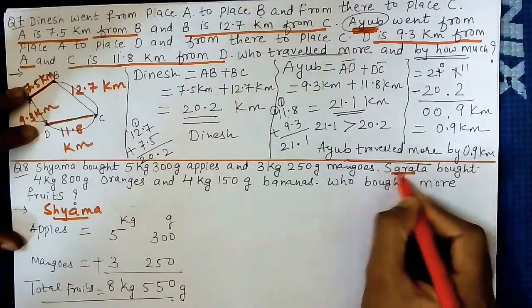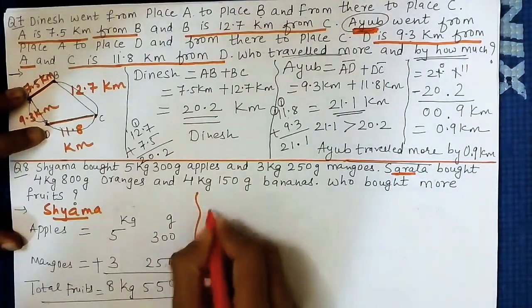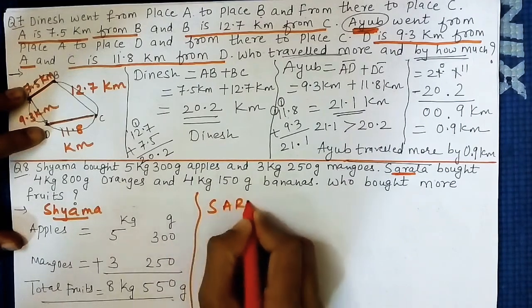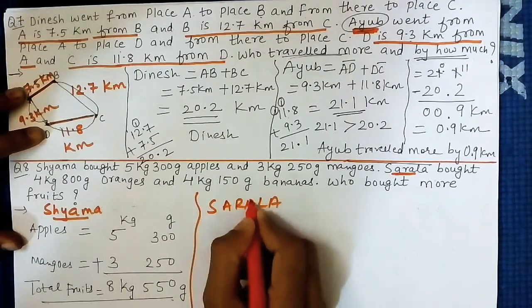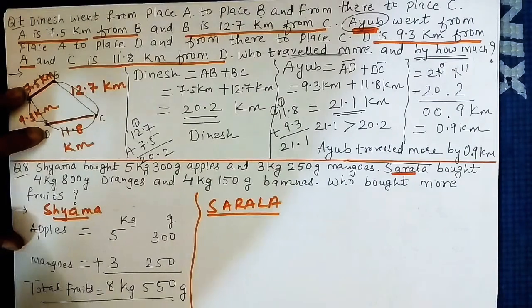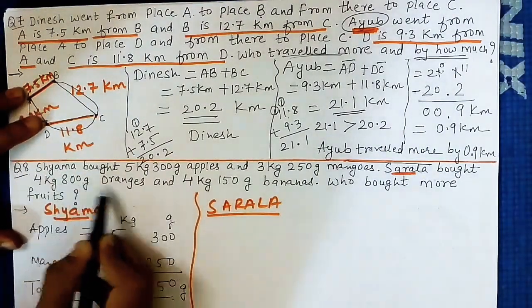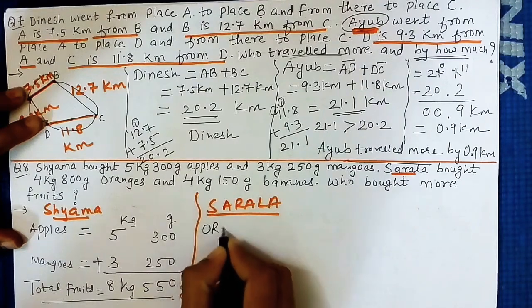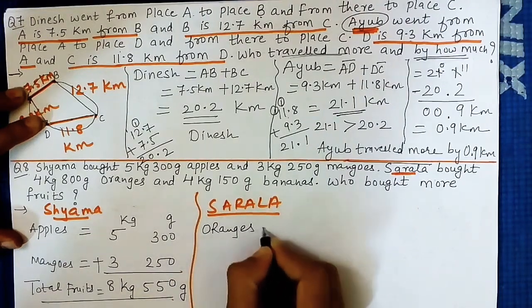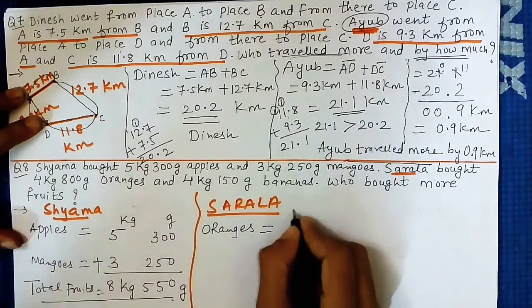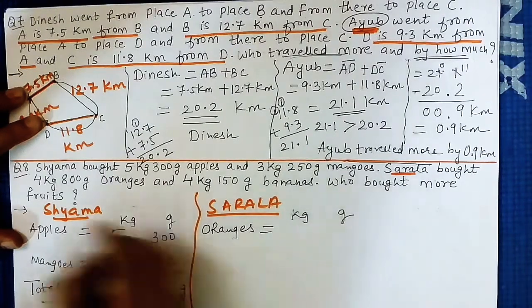Now we will find out of Sarla. So Sarla bought 4 kg 800 gram oranges. So again we will write kilogram and gram columns.